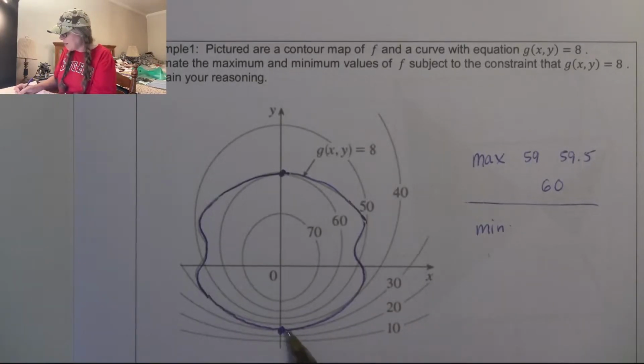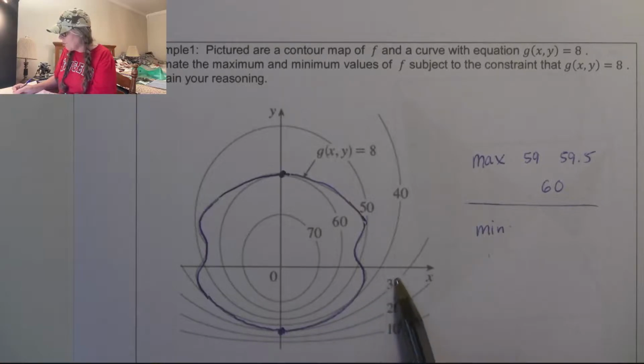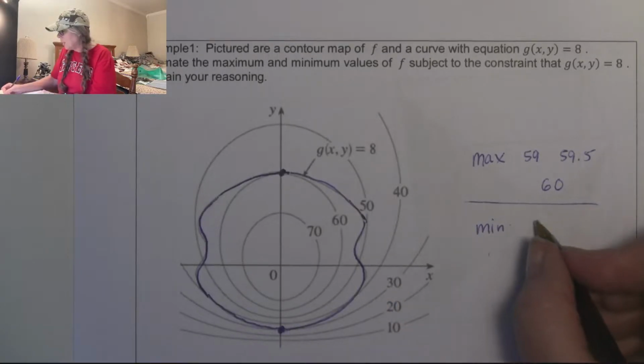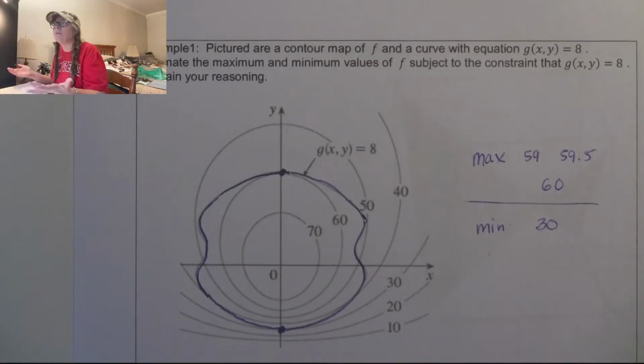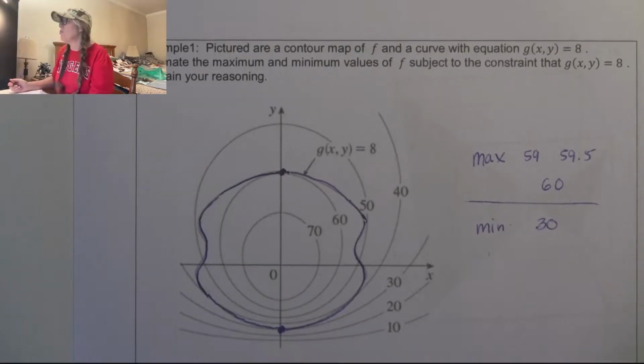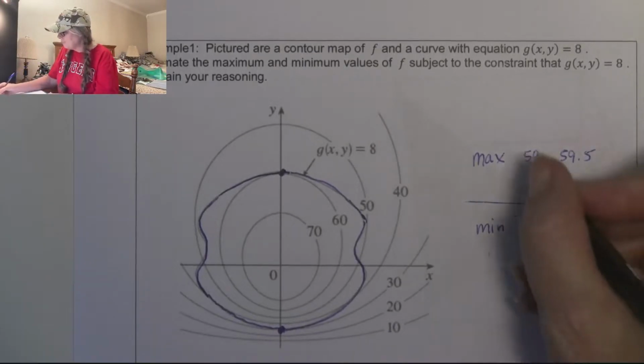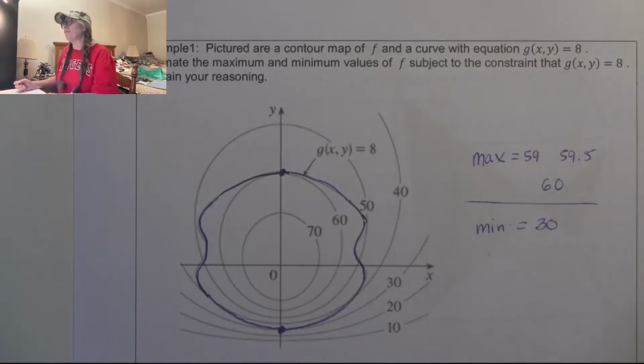Notice that's on the level curve that goes with 30. Because 30 is smaller than 60 or 59 and a half, whatever you want to call that, your book calls it 59 because they said I had to estimate, that is our min, right there at 30.